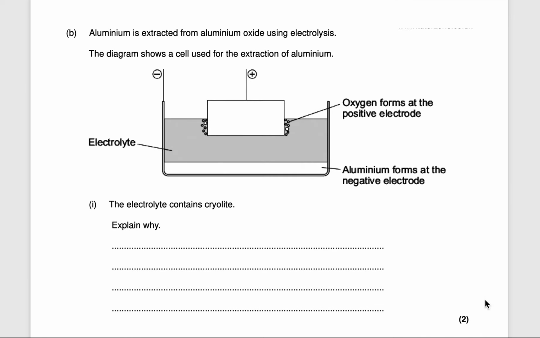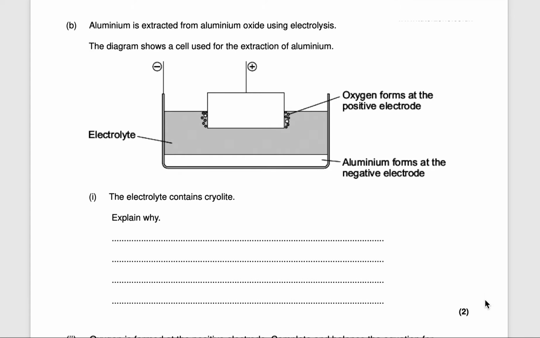Next question. Aluminium is extracted from aluminium oxide using electrolysis. The diagram shows a cell used for the extraction of aluminium. The electrolyte contains cryolite. Explain why.